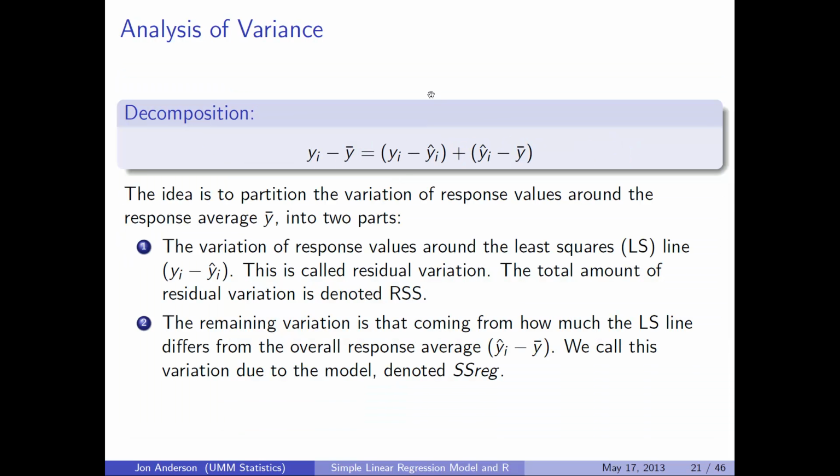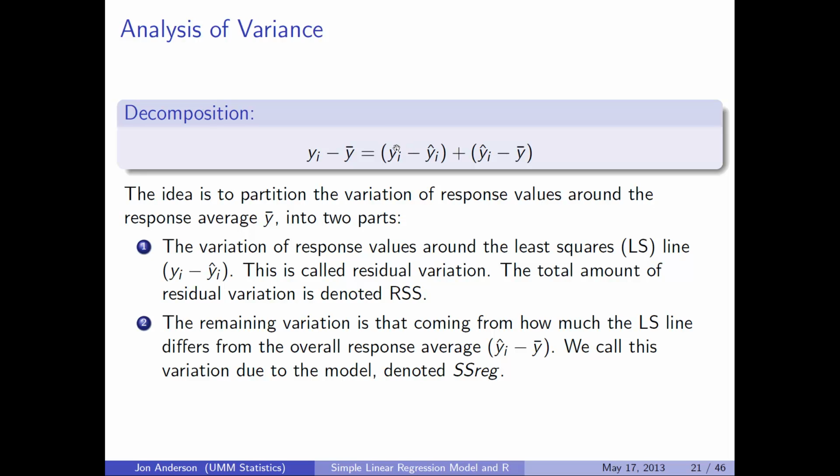Next part of what I need to tell you about is this decomposition of variation. What I'm saying here on the left-hand side of this equation is that the distance between an observed y value and an average value of the response can be broken into 2 pieces. The first piece you'll recognize is just the residual.